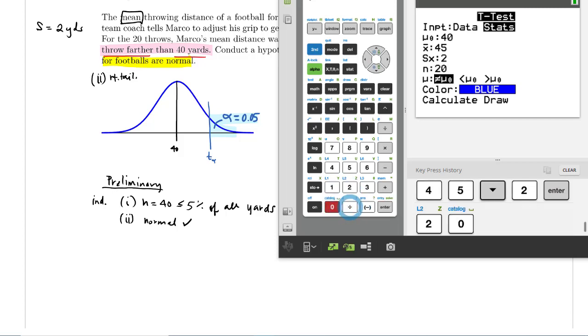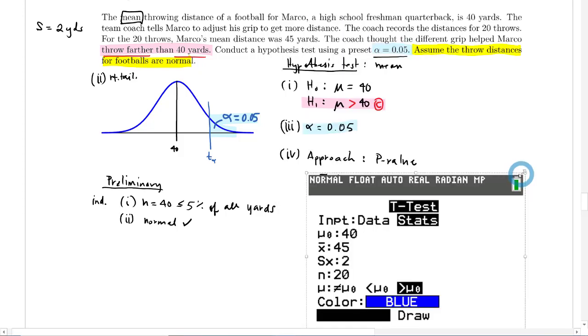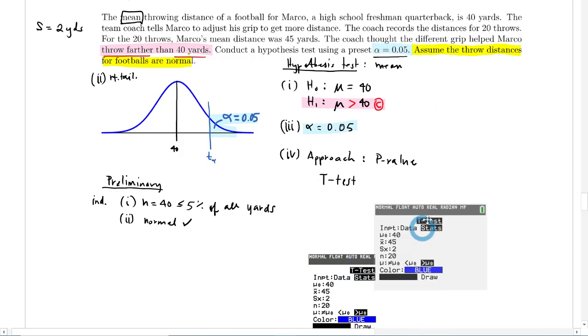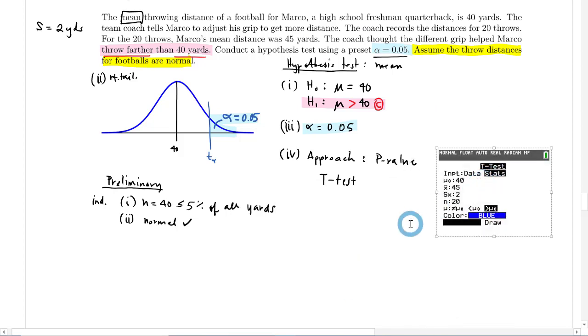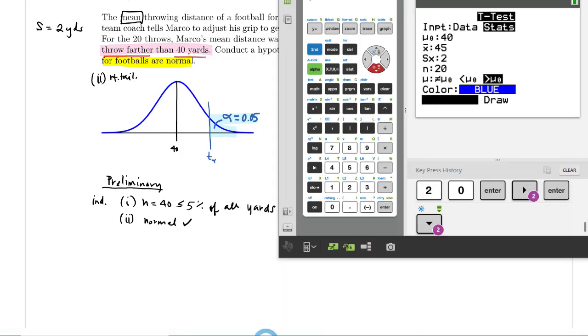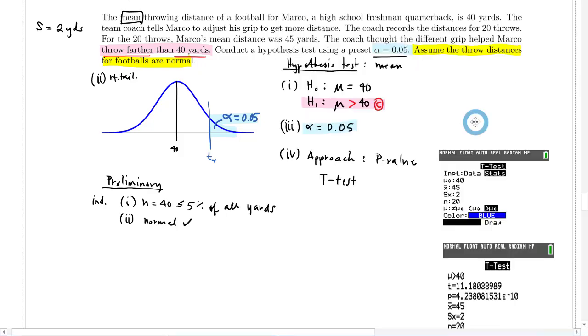And this is a right tail test, so you go to the greater than symbol. I like blue, and then I'm going to go ahead and drag this picture in so we could see what we did. And then go ahead and calculate. And so let me drag this over as well.